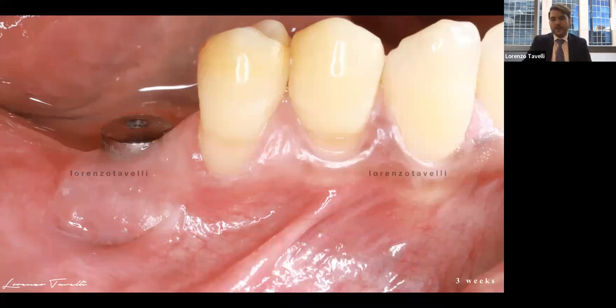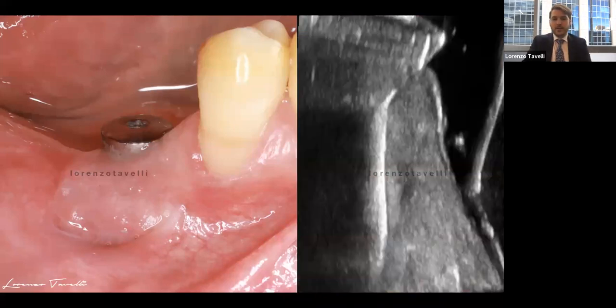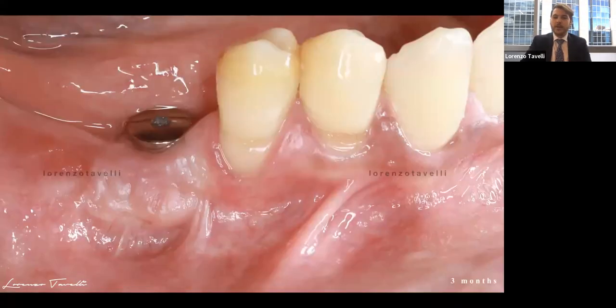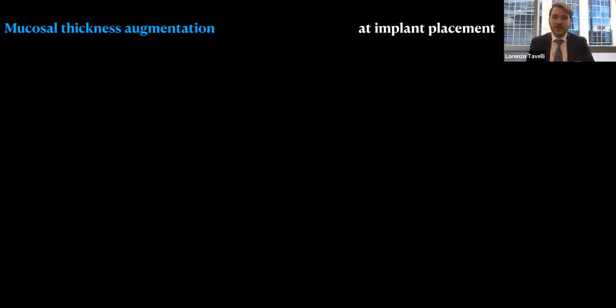These are the outcomes after 3 weeks. The ultrasound scan is highlighting the keratinized mucosa at the early time points, and also the soft tissue thickness gain. And this is when I see the patient at 3 months. He was waiting a little bit before having the crown, and now the patient has the crown. I didn't take the final picture and I didn't put it in this presentation.